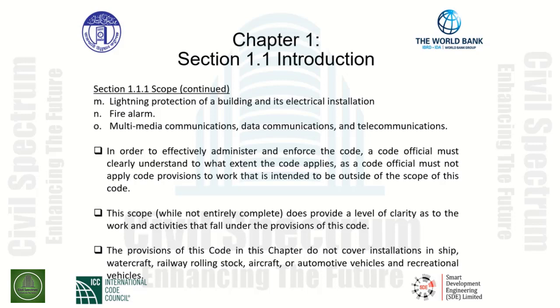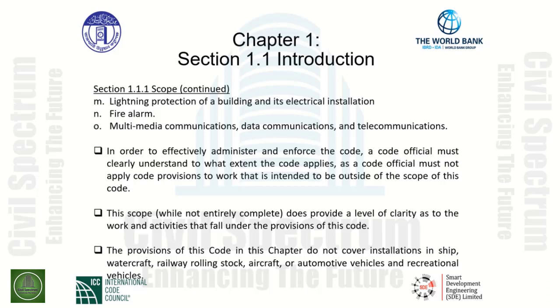Additionally, we have fire alarm requirements, as the scope indicates, within many buildings that are required to be provided with a fire alarm. Finally, item O, multimedia communications, data communications, and telecommunications.